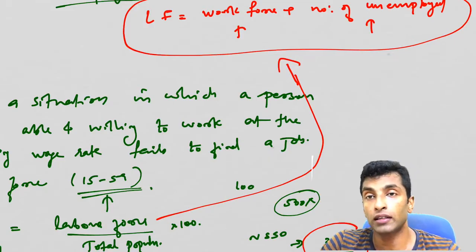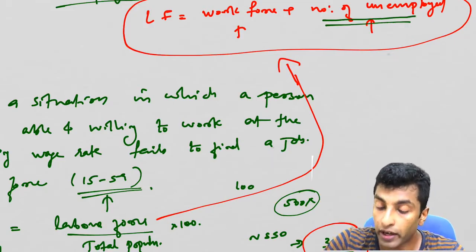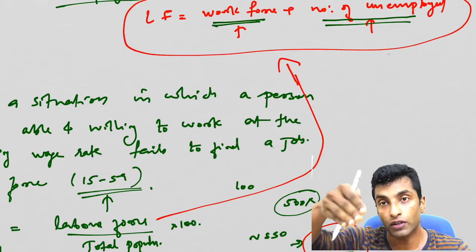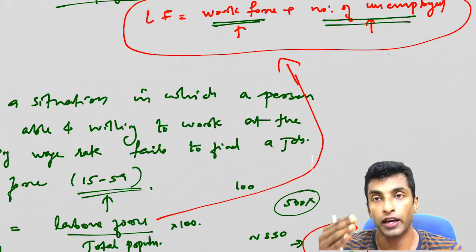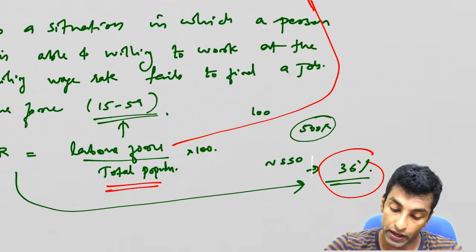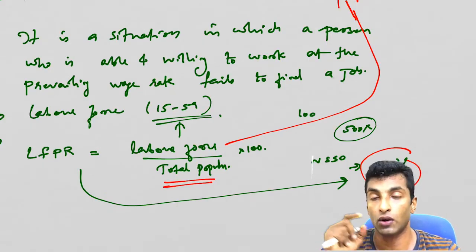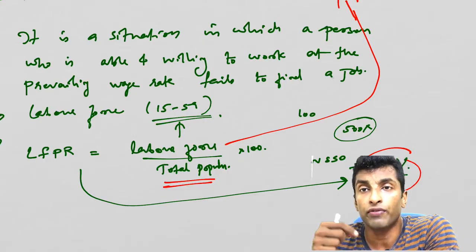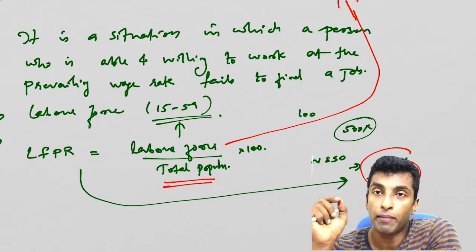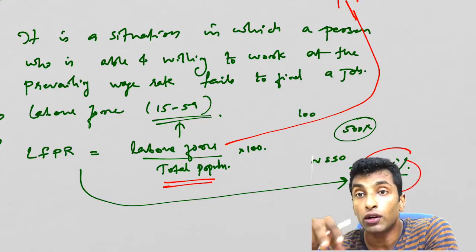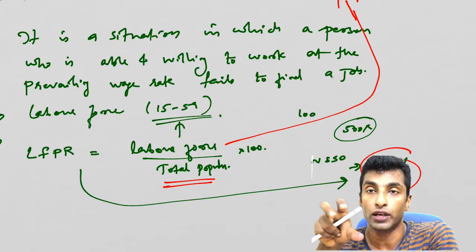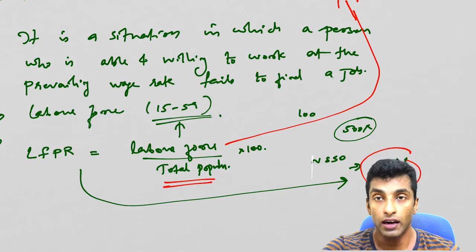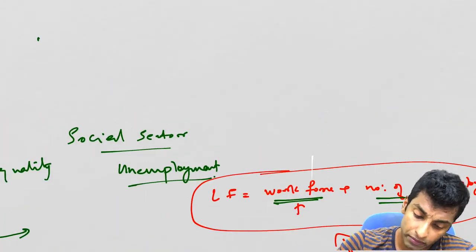So if you need to calculate the unemployment rate, it is number of unemployed divided by labor force, multiplied by 100. Similarly, the employment rate is workforce divided by labor force, multiplied by 100, not the total population. But when we calculate LFPR, it is upon the total population: out of the total population, how many are willing to work. When we calculate unemployment, it is number of unemployed divided by not the total population but the labor force. Only those willing and able to work at the prevailing wage rate are considered when we calculate unemployment. Okay, what is underemployment?